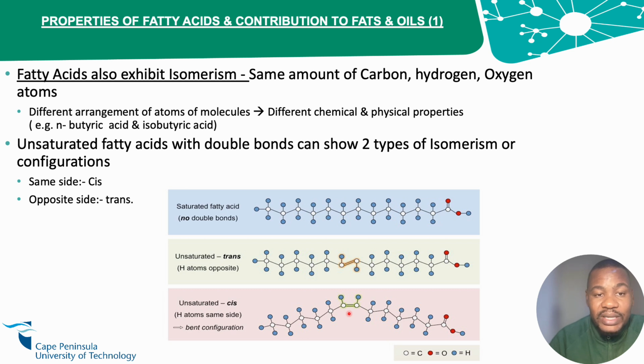We call this isomerism because the amount of carbon, oxygen, and hydrogen is the same. However, the configuration is different. And when the configuration is different, they will tend to exhibit different physical and chemical properties.